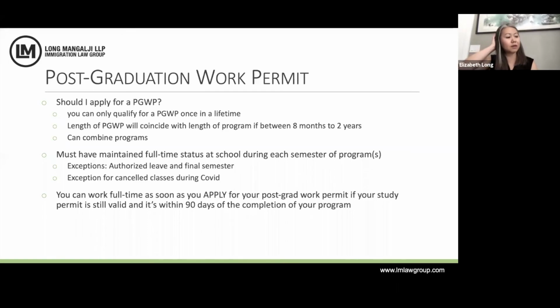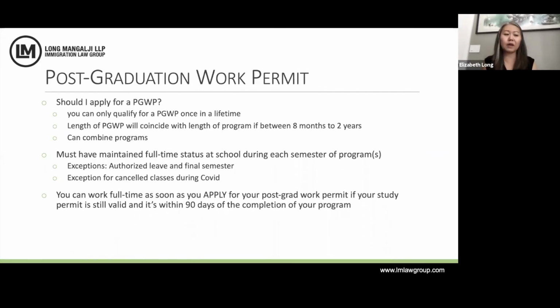Now, some of you might say, well, Elizabeth, I checked the website, and the website says I can apply for the postgrad work permit within 180 days. I said, yes, that is true. Although for most of you, if all you did was apply at 120 days, or 179 days, and all you did was apply for your postgrad, likely it will be rejected.